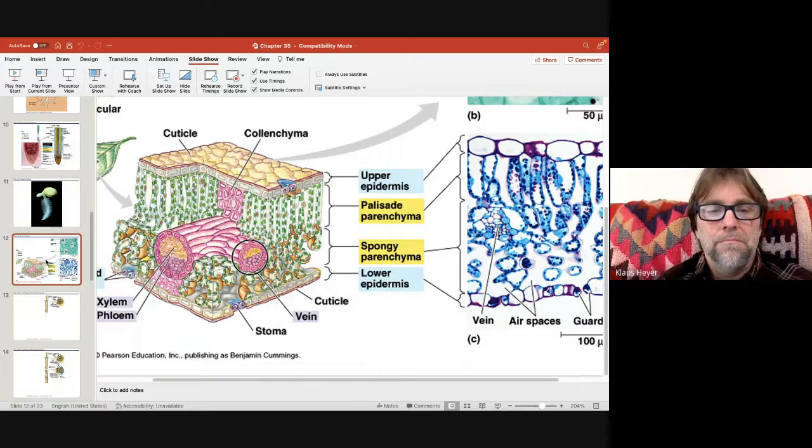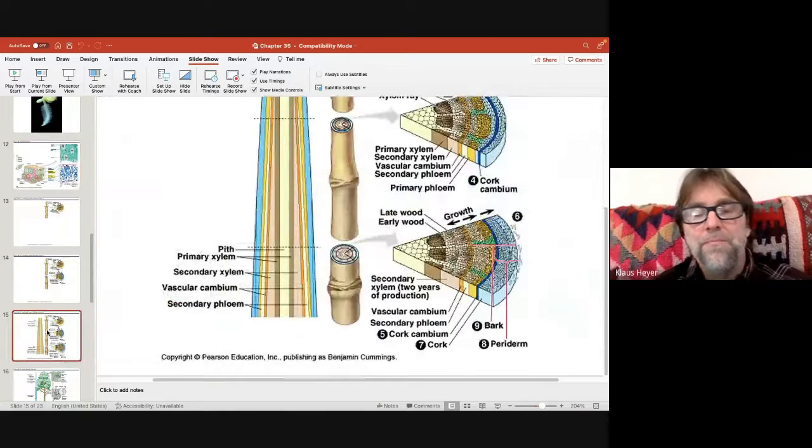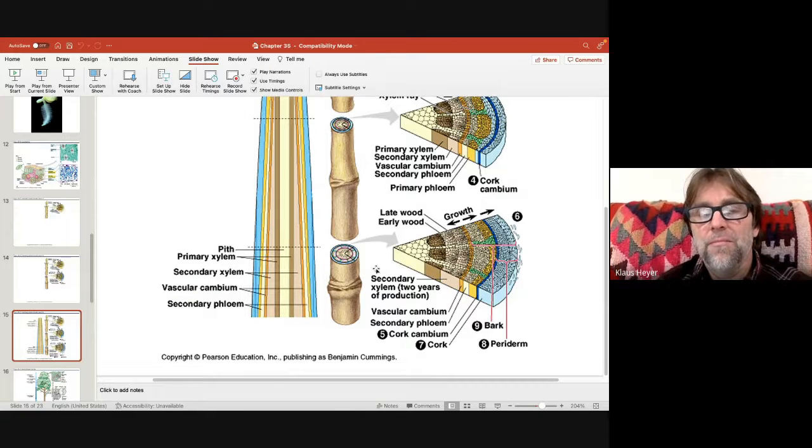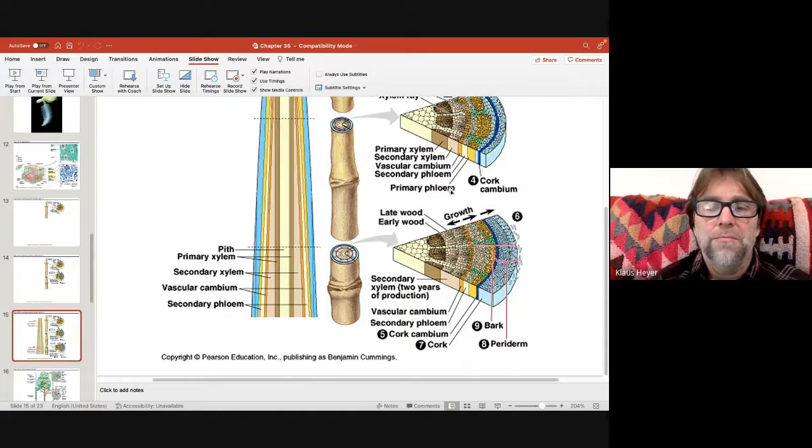Know that wood is secondary xylem. Even if you put xylem, that's fine. Bark is secondary phloem.